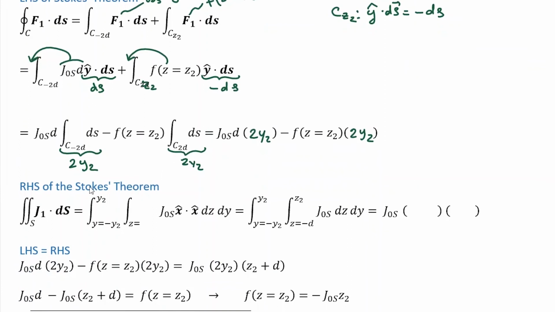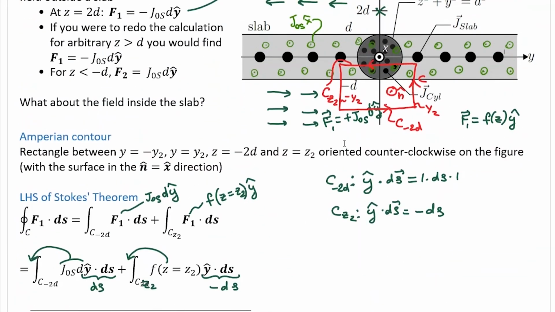Now for the right-hand side of Stokes' theorem, we have, again, a very similar integral as we did before. This is our ds vector. dz dy is the differential surface area, and this is its direction. This is the value of J1 plugged in. Remember, J1 was J naught S x hat as long as we are inside the slab.